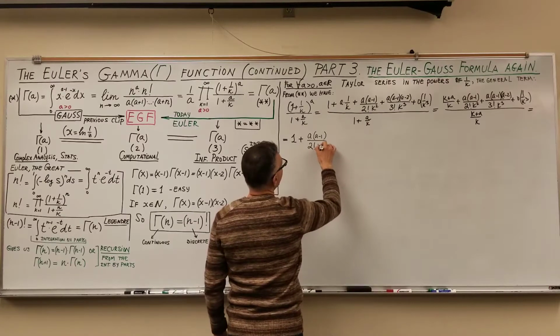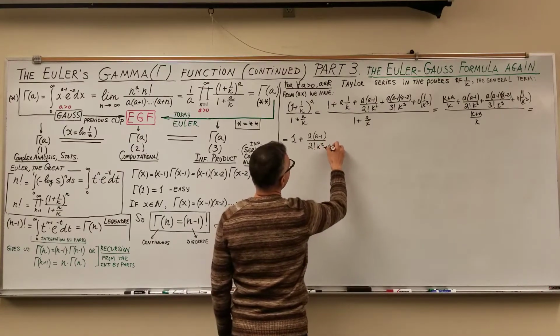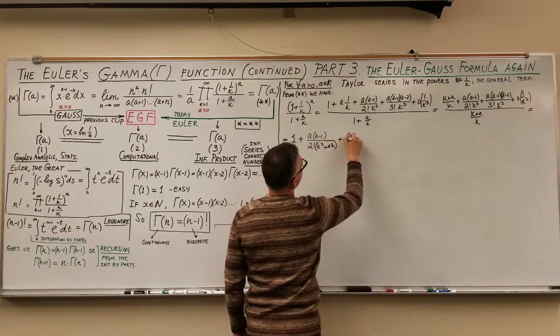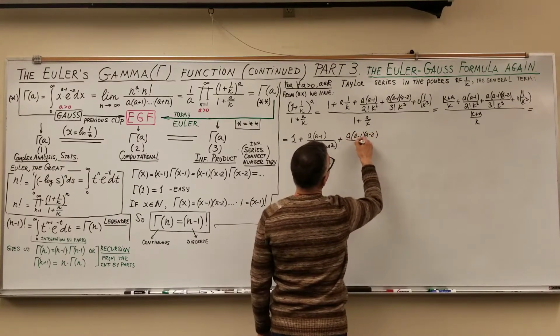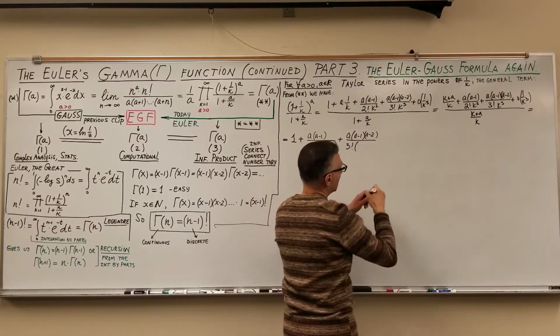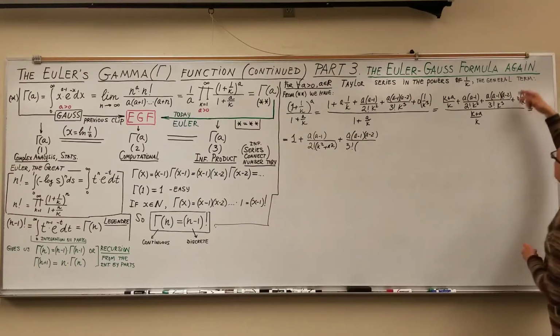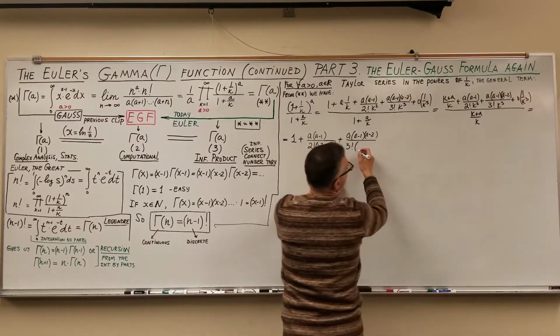So it will be k squared plus ak, plus a minus 1, a minus 2 over 3 factorial, again k on top, so k squared by k plus a.